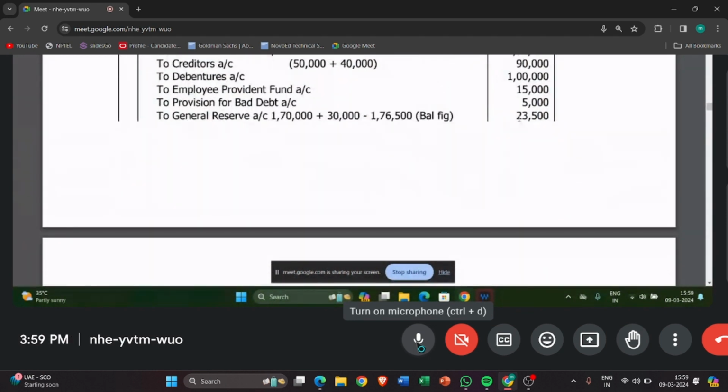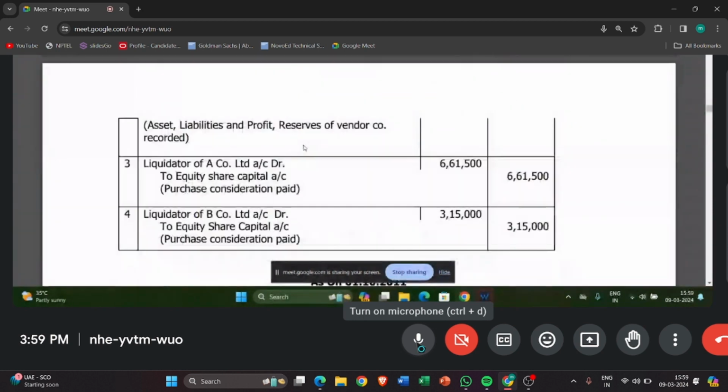You have got a profit of 23,500. So that 23,500 should be written as a general reserve itself. Suppose it is a negative figure, then you will adjust it from the general reserve which is existing. You get that now? Yes, ma'am.